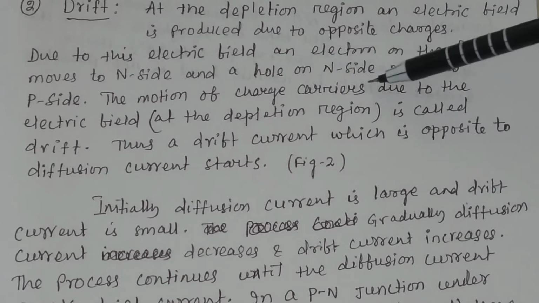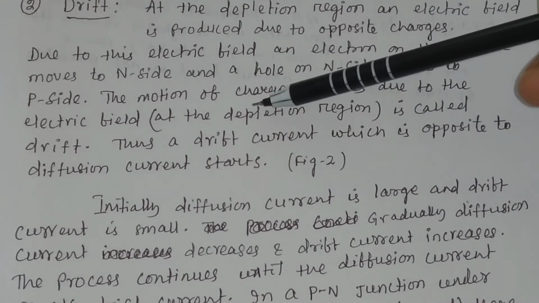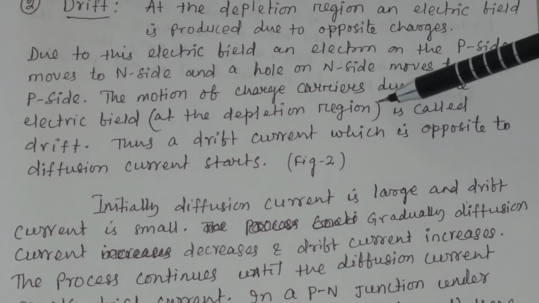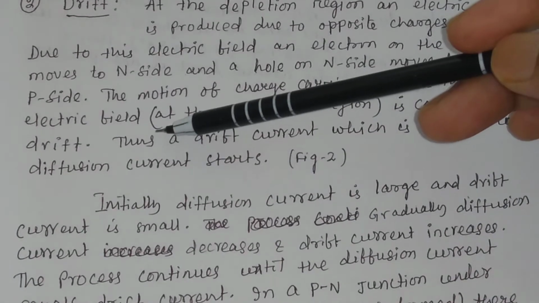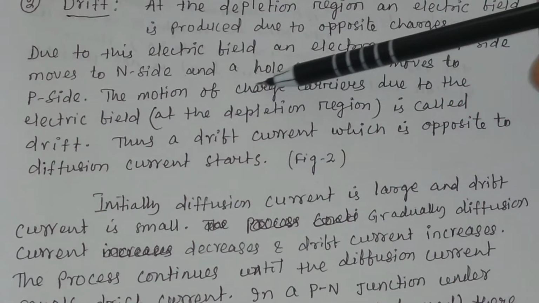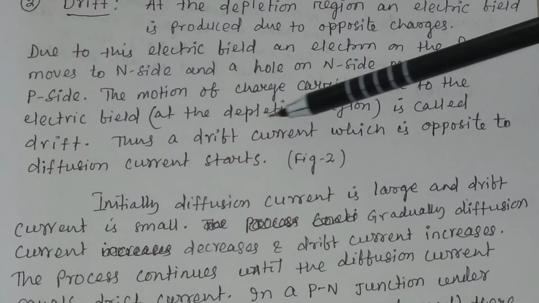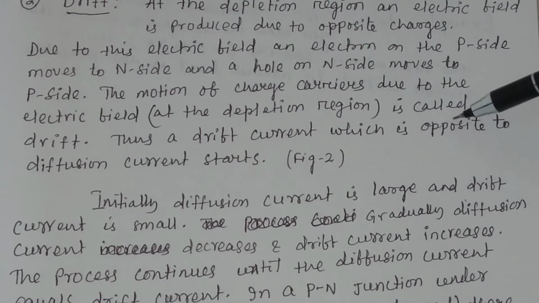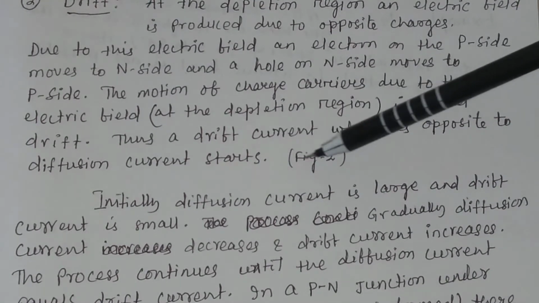The motion of the charge carriers due to the electric field at the depletion region is called the drift or drifting of the charge carriers. Thus, a drift current which is opposite to the diffusion current starts.